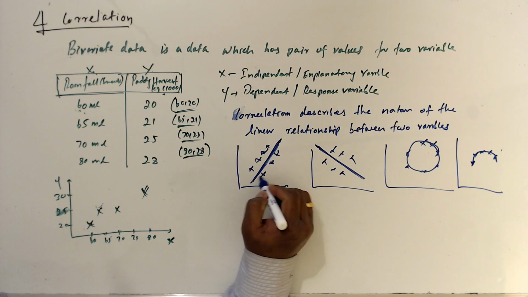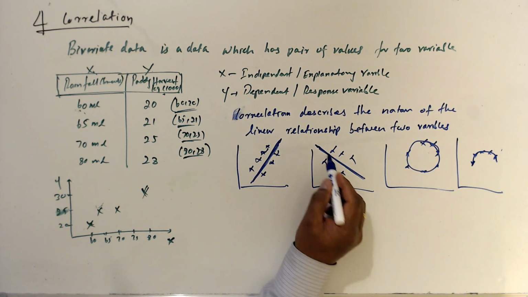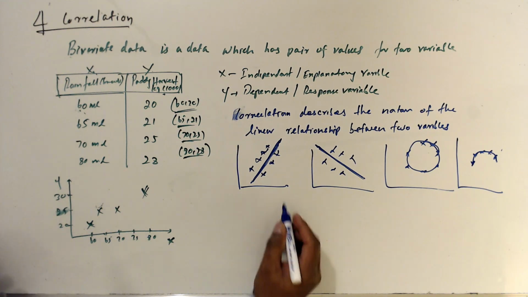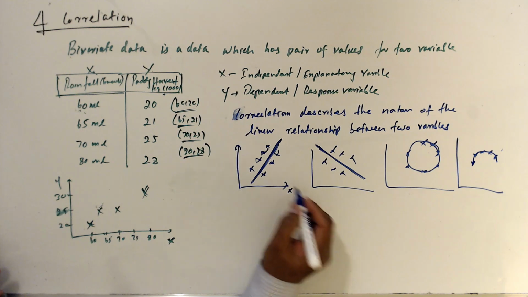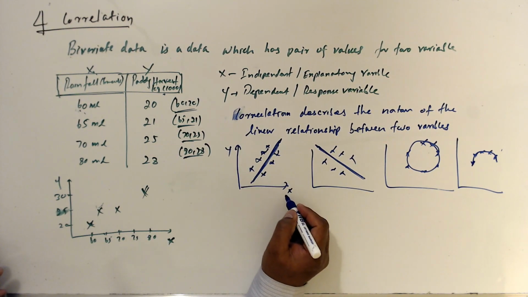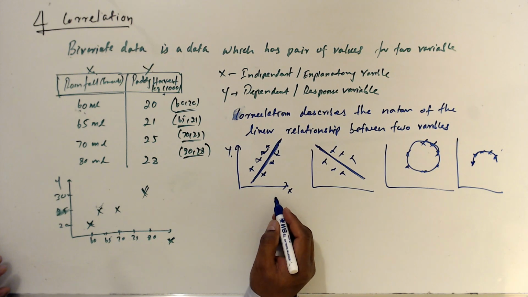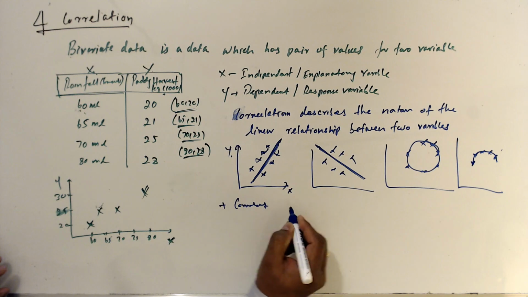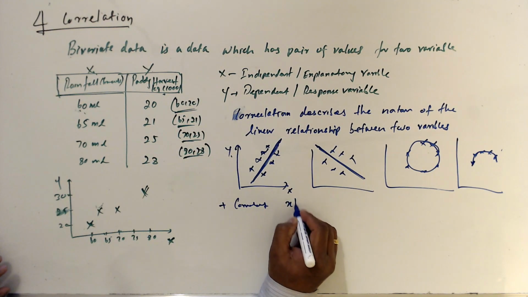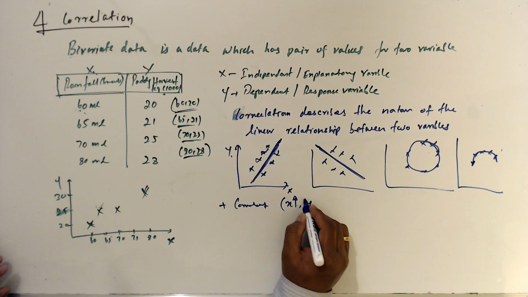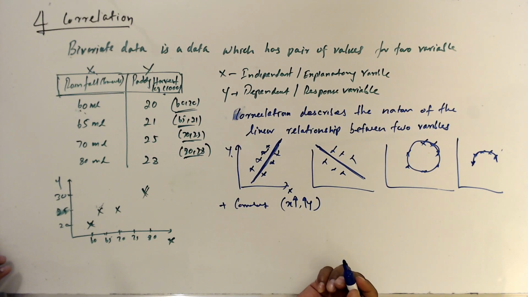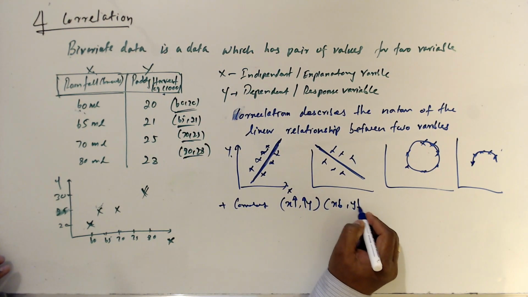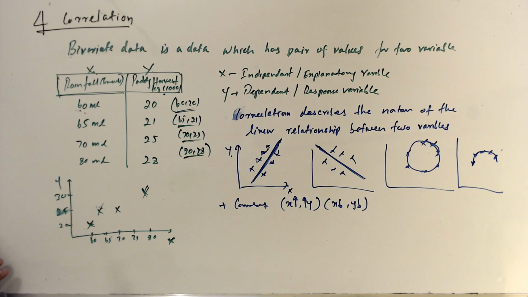Taking x as the explanatory variable and y as the response variable, with a positive gradient, when the explanatory variable increases, y also increases. When the explanatory variable decreases, the response variable also decreases.